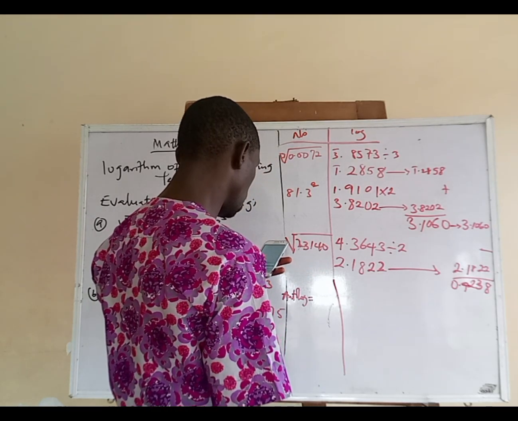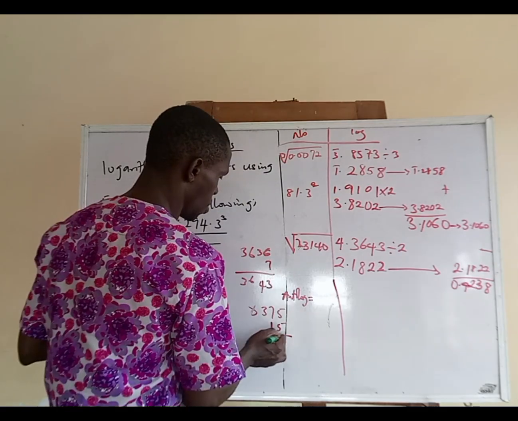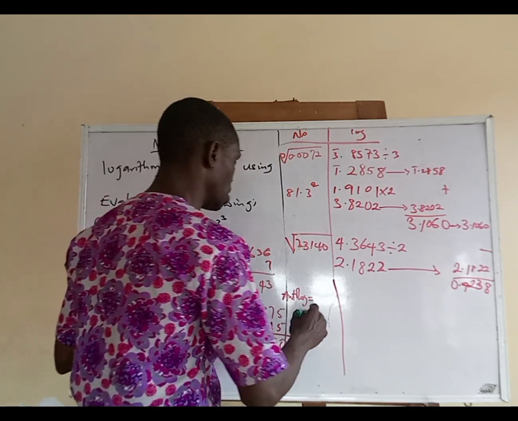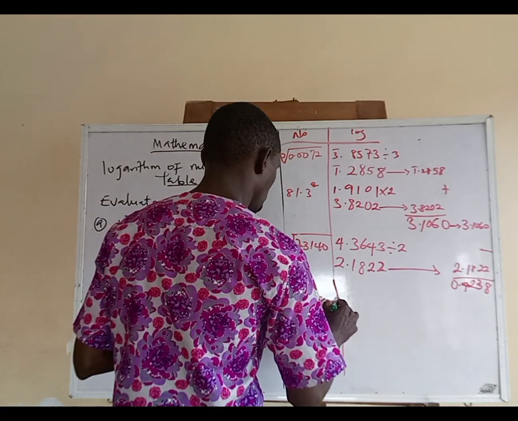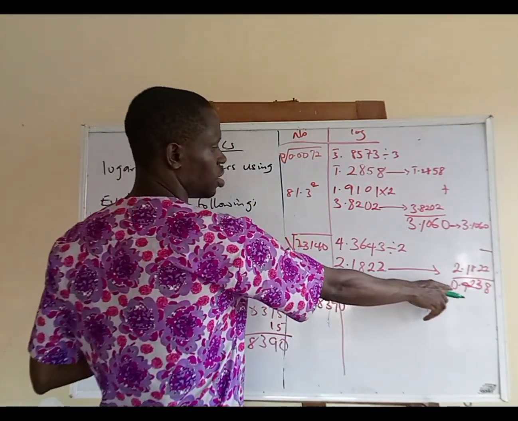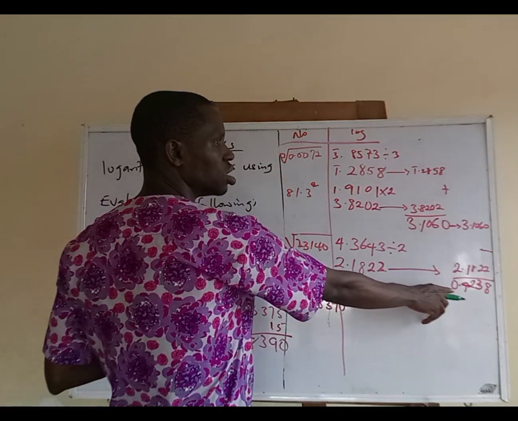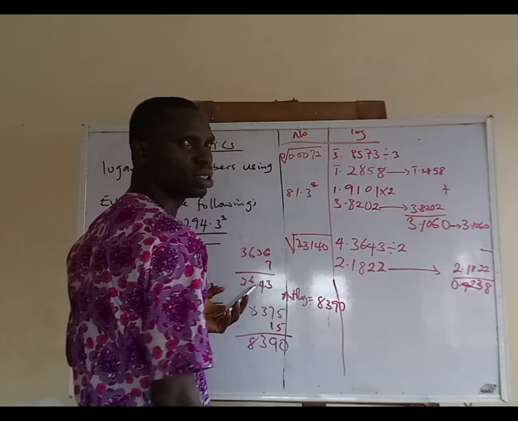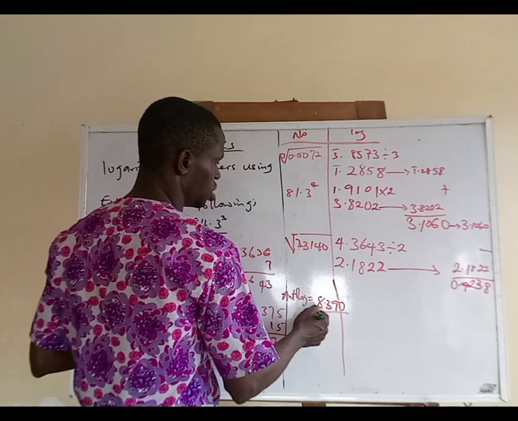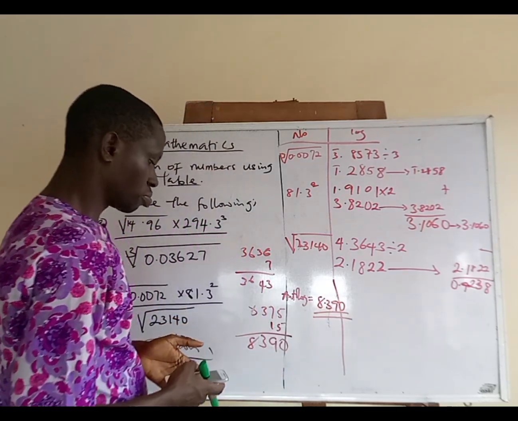Difference 8, that's 15. So by the time you add, you have 0, 9, 3, 8. So that's 8390. 0 is here, you add 1 to it to give you 1. 0 plus 1, that's 1. You move it once to give you the point. So this is the answer.